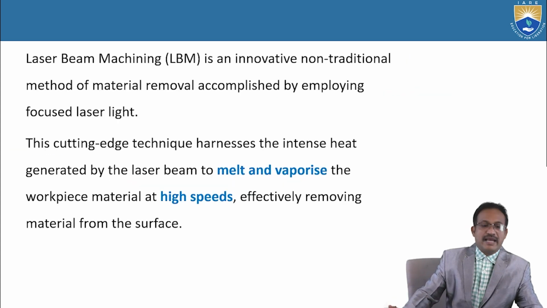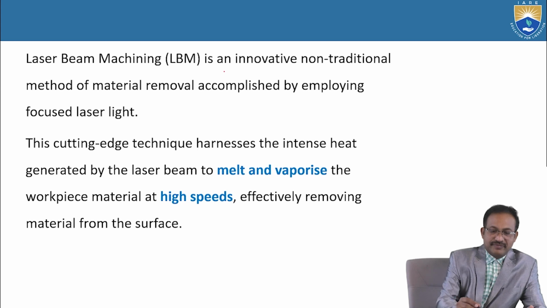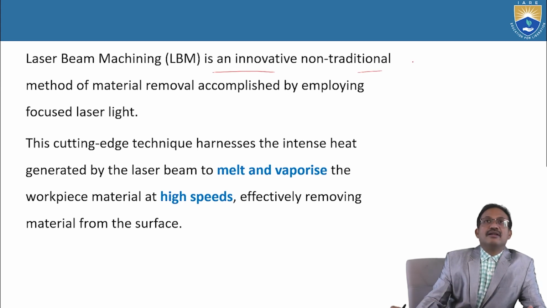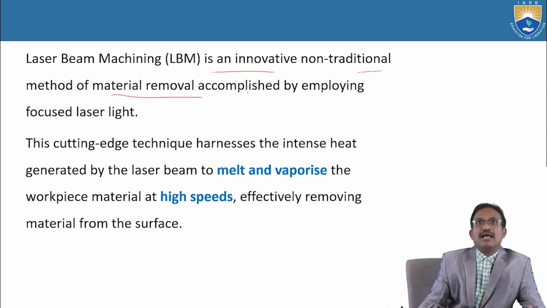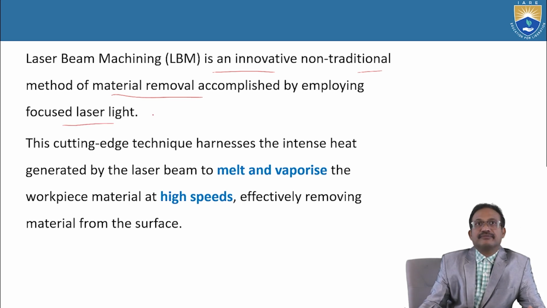Laser beam machining is an innovative, non-traditional method of material removal accomplished by employing focused laser light.